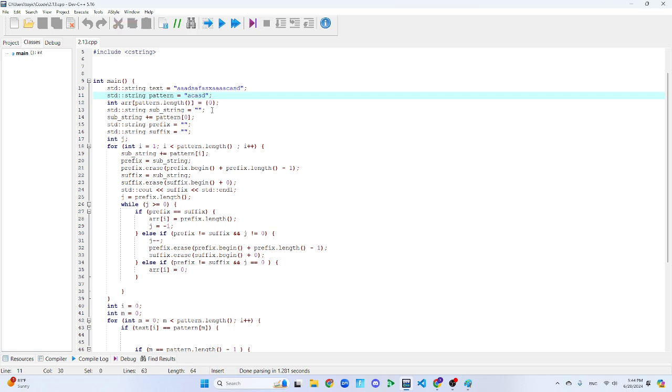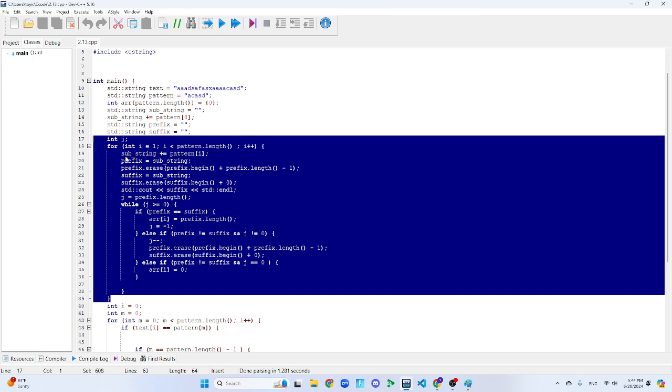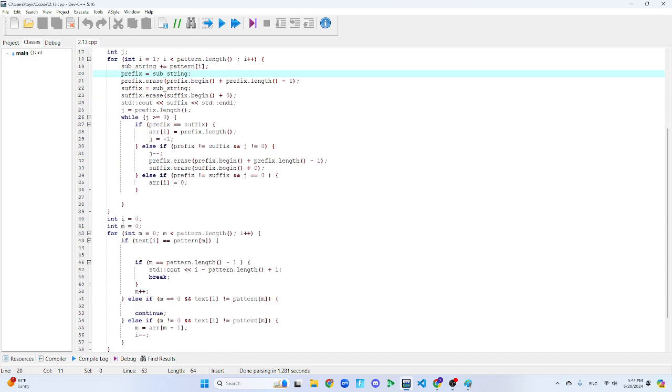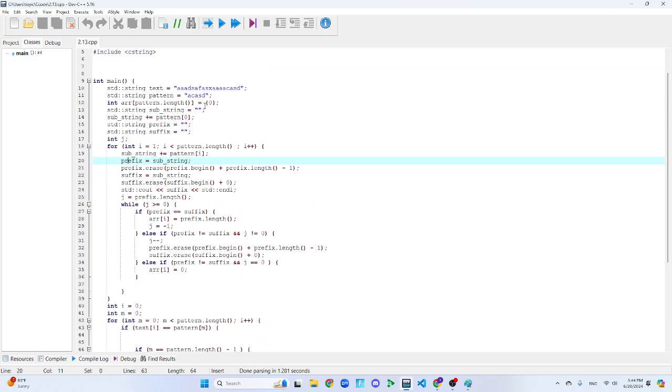We start with the biggest prefix and suffix we can find, and if they're not the same, we make it smaller. This is basically the point of the code. If we cannot find any, the value in the next array at that position will be 0. Otherwise, it will be the length of the longest prefix suffix.